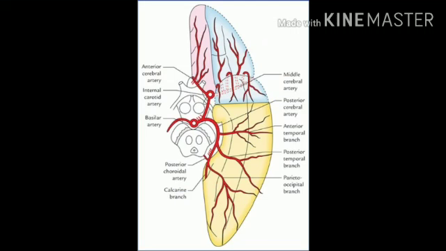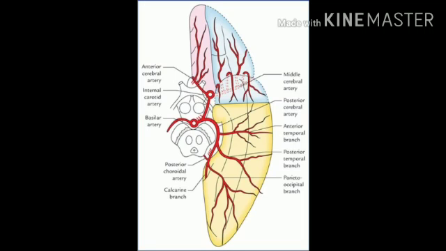This diagram is showing the inferior surface, which is mainly supplied by the posterior cerebral artery, marked yellow. The posterior half of the inferior surface is called the tentorial surface, and the small anterior part is called the orbital surface.